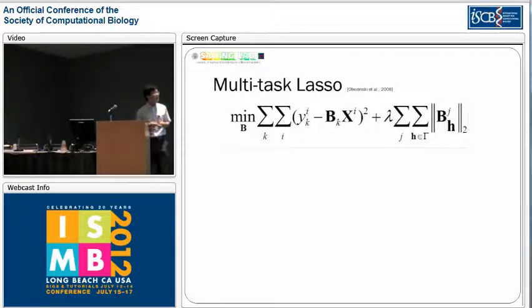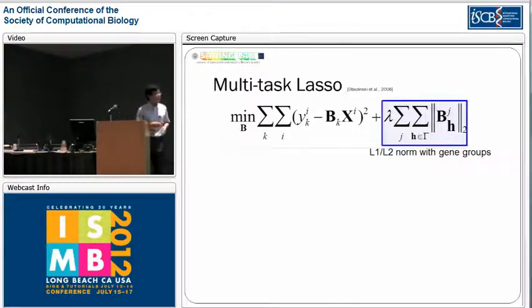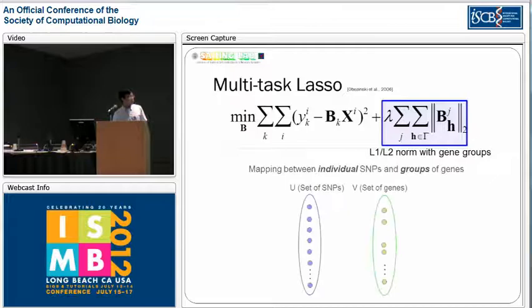A similar idea can be applied to groups of genes. And this model is called Multitask Lasso. This model also uses the R2 norm over here. But in this case, we are going to use gene groups instead of SNP groups. So if we use Multitask Lasso, eventually what we are going to do is as follows.